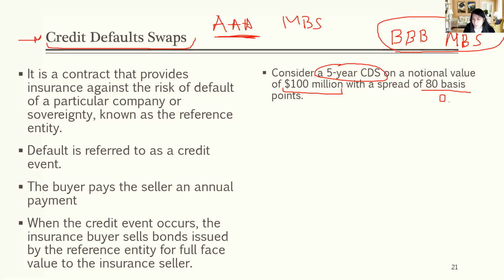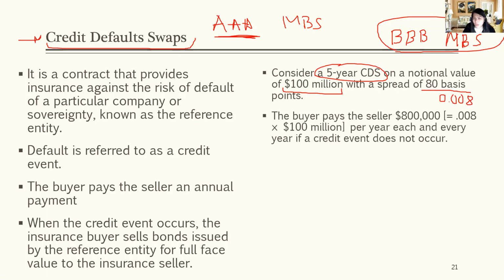So 80 basis points is 0.008. Okay. So how it works is that for every year in my contract, I'm going to pay an insurance premium of $800,000 on my contract size.